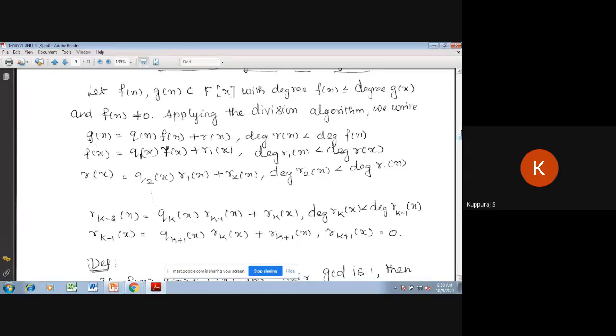So the process is continued until the remainder becomes 0. So Rk minus 1 of x is divided by Rk of x. At that time, the quotient is Qk plus 1 of x and the remainder is 0. Okay, so the division algorithm ends when the remainder becomes 0.